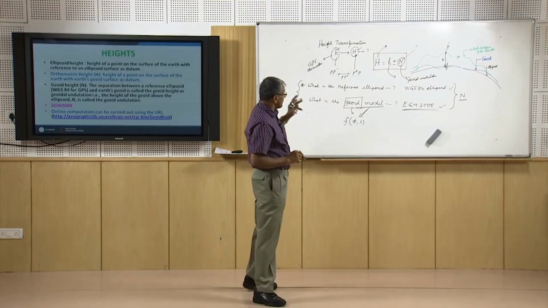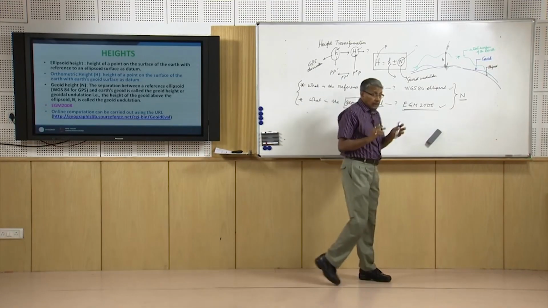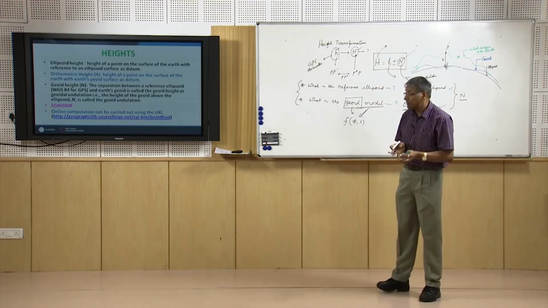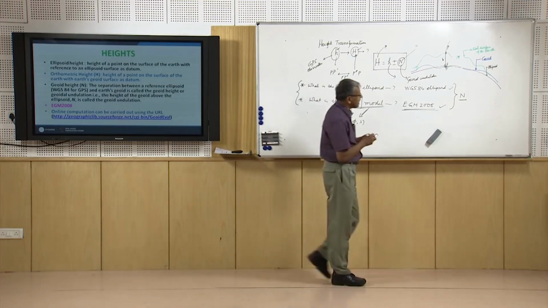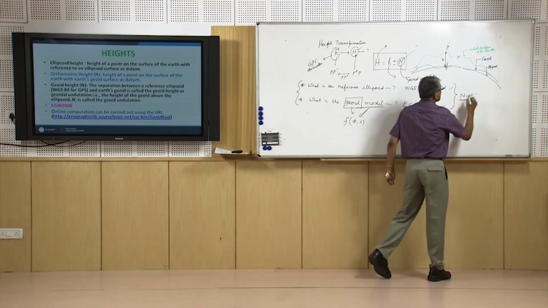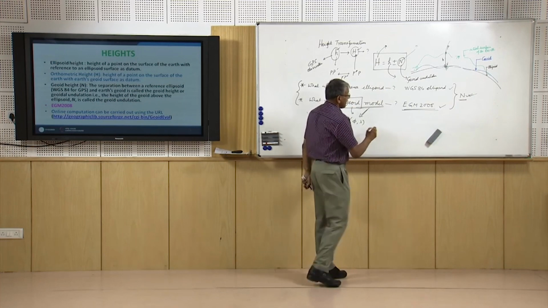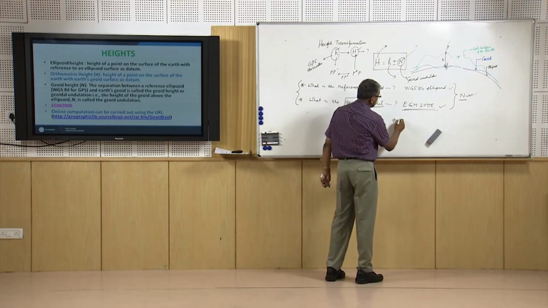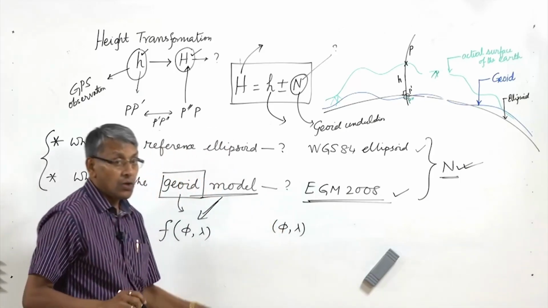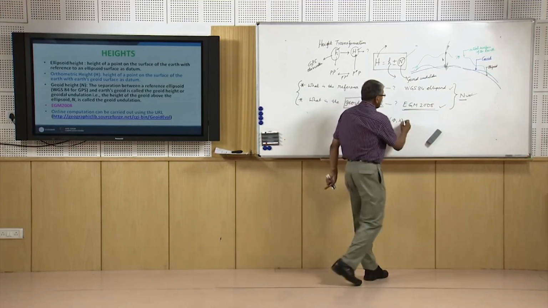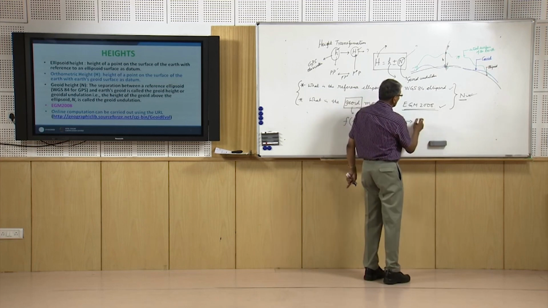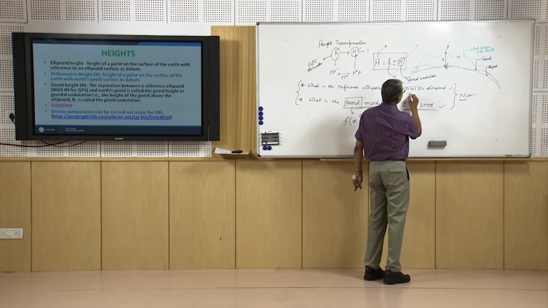Now, at present online facilities are available which provide you directly the value of N if you provide the latitude and longitude of the place for which you want to find N. In that software you have to select the ellipsoid.